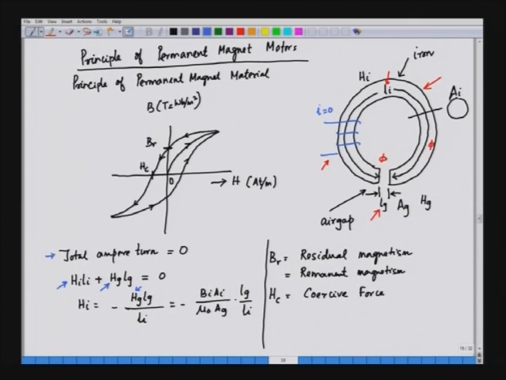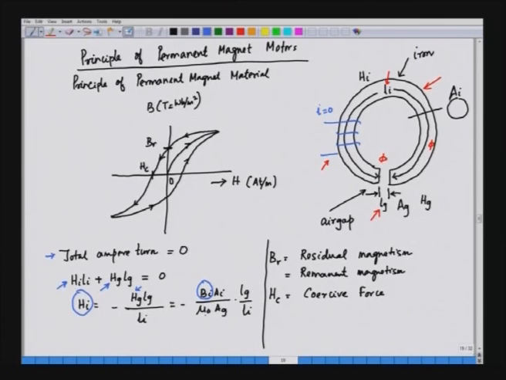Now, what does it give us? This gives us that the direction of Hi and the direction of Bi are opposite to each other. We have a negative sign here, and in the right hand side we have the cross sectional areas Ai and Ag, and then we have the length of the air gap and the length of iron, that is Lg and Li respectively.